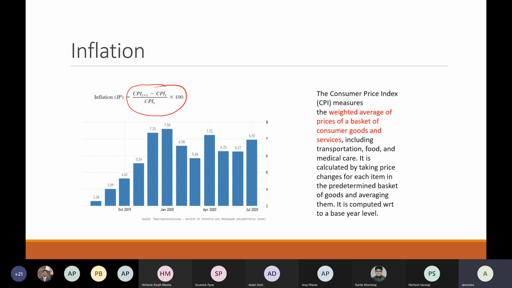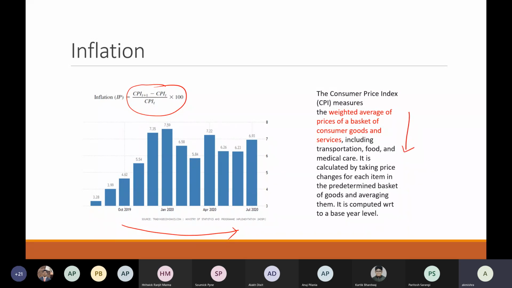Here I have put some Indian trend from the Ministry of Finance, what kind of inflation there was in India. You can refer to that. CPI, by name Consumer Price Index, measures the average price of a basket of consumer goods and services available in the economy. This is how you all know.